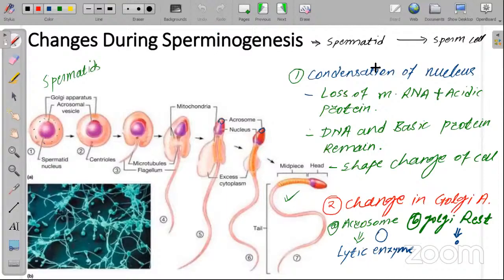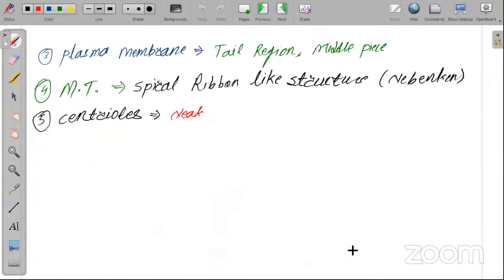ठीक है, क्या क्या चेंज होता है? फर्स्ट ऑफ ऑल कंडेंसेशन ऑफ न्यूक्लियस where RNA and acidic protein get lost, okay, and DNA and basic protein remain in the nucleus. Changes in Golgi apparatus. In the case of Golgi apparatus, Golgi is divided into two parts. First part is a big part and it is converted into acrosome which contains lytic enzyme, and next is the smaller part that is known as Golgi rest. There is no known function of Golgi rest.